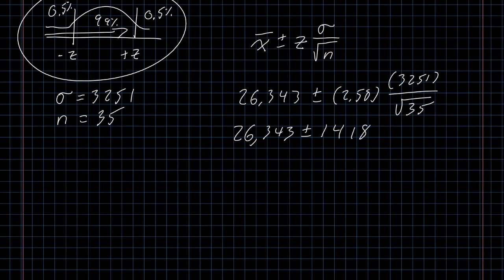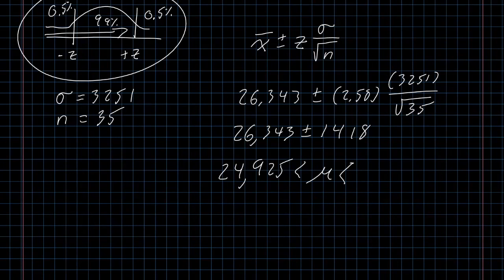Since my mean was rounded to the nearest whole dollar, I'll round that to the nearest whole dollar as well. And then I take the plus and the minus branches. 26,343 minus 1,418 is 24,925.